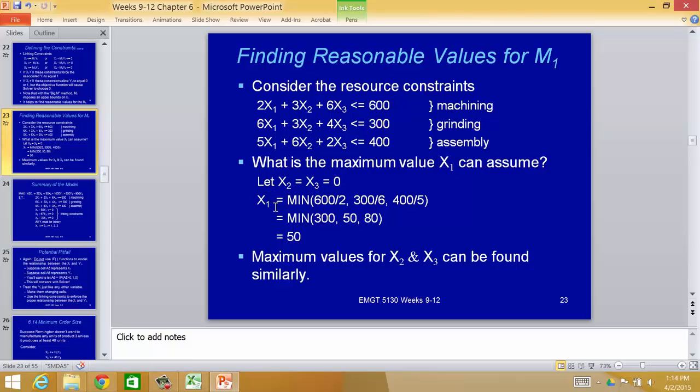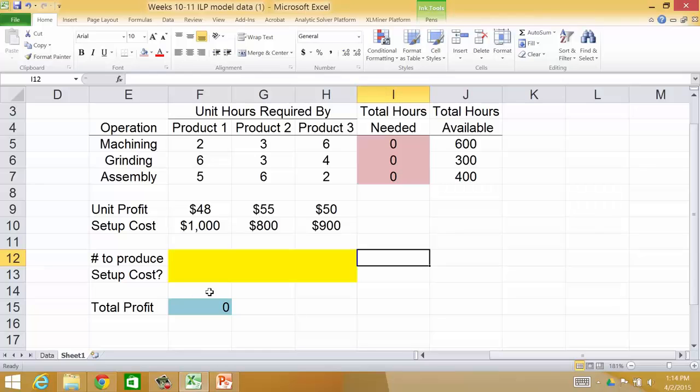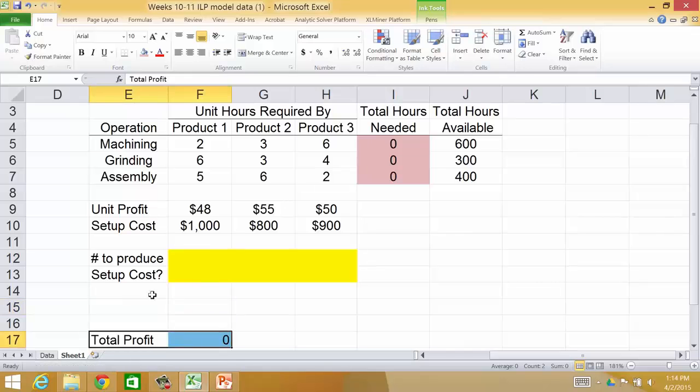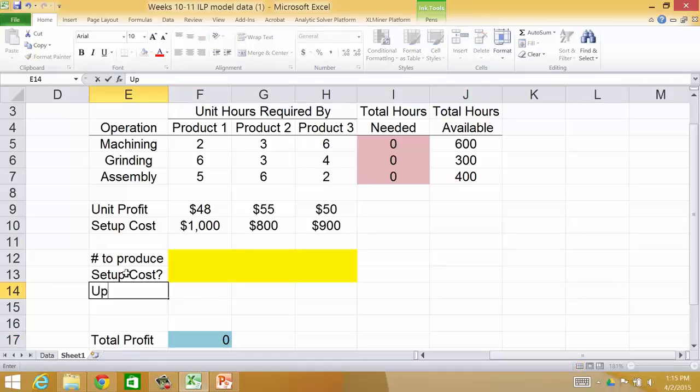Okay, so we're going to use the same relationship, even the same formula, to calculate this upper limit for x1. I'm just going to move this formula down 2 rows. Here I'm going to calculate the upper limit of xi, which is mi.